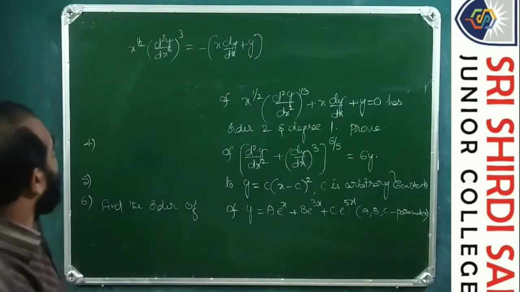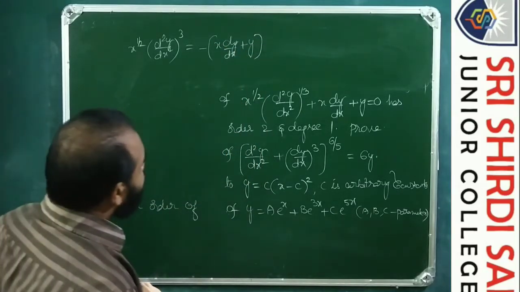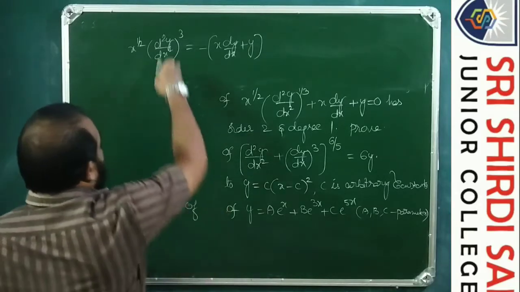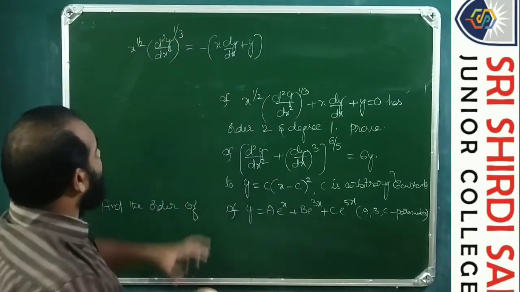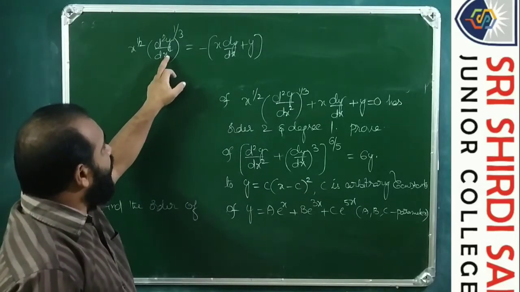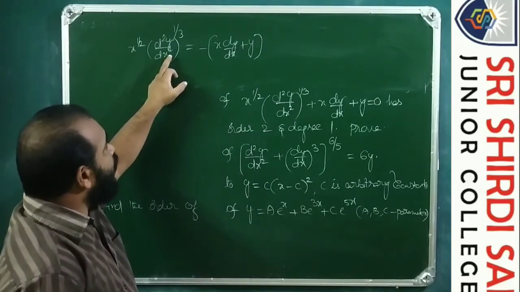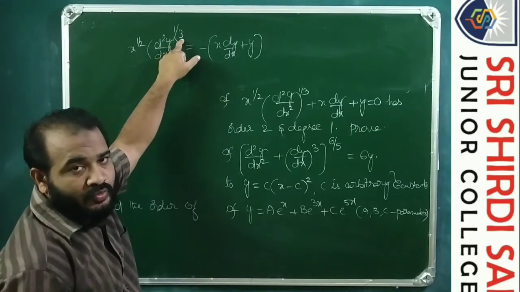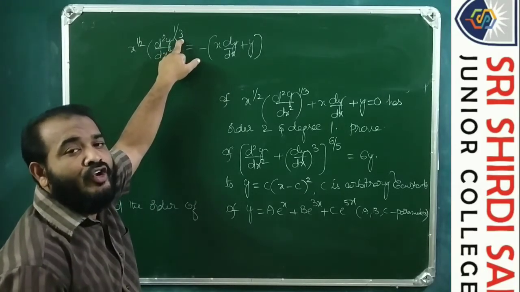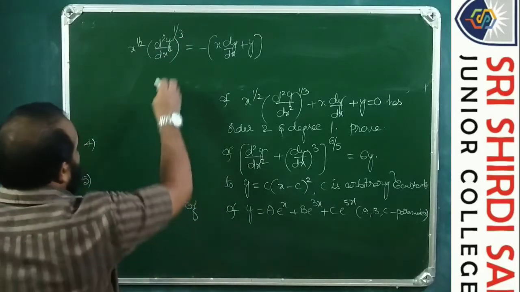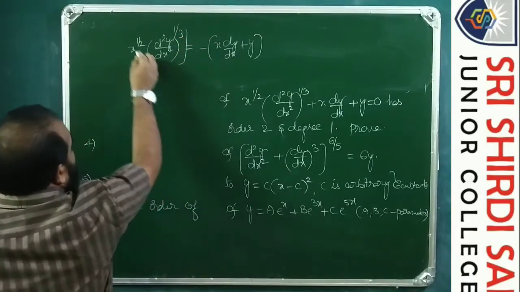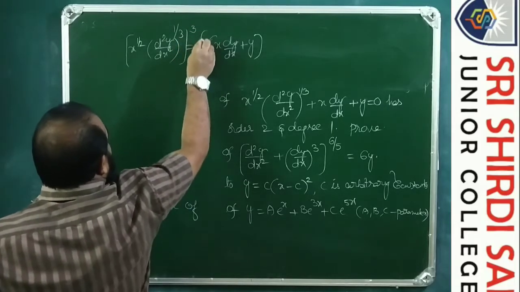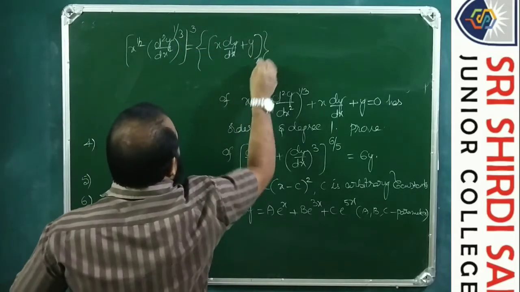Here the derivative's power, whole power 1 by 3, should not be p by q, since it should be a non-negative integer, for which I will cube on both sides. Why cubing on both sides?